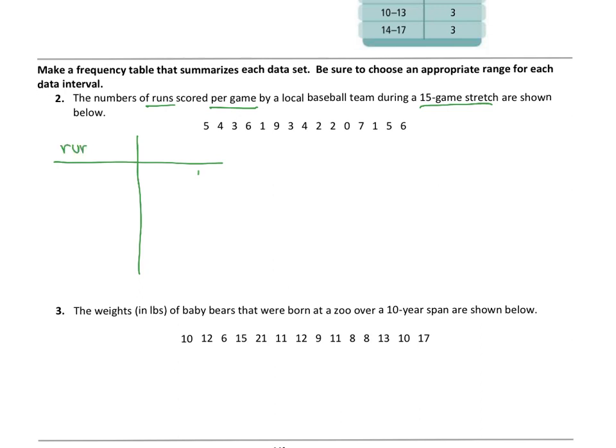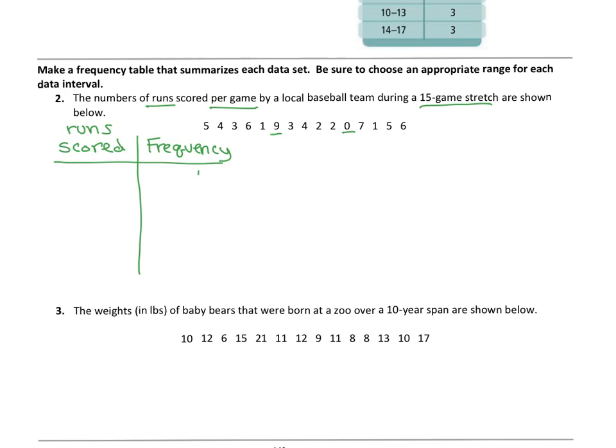And I'm going to call this side runs scored, and then frequency. So let's look. It looks like I have 0 as my minimum, and 9 is my maximum.